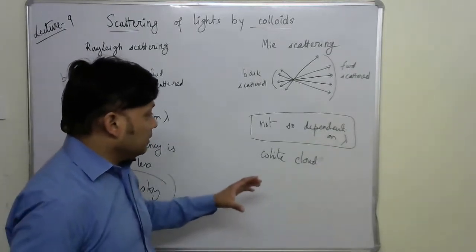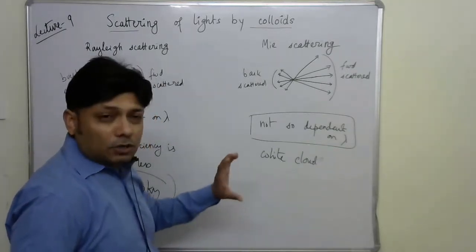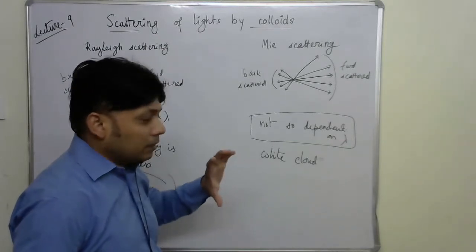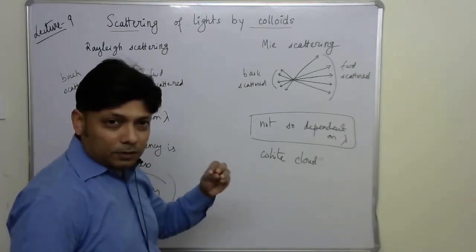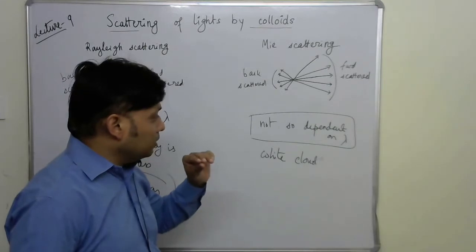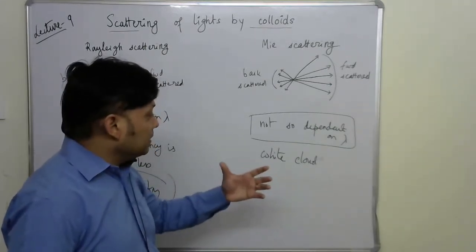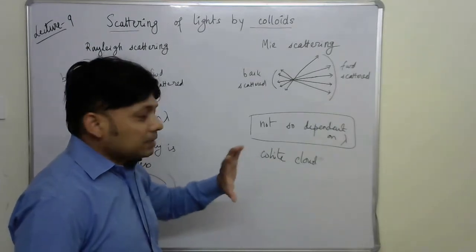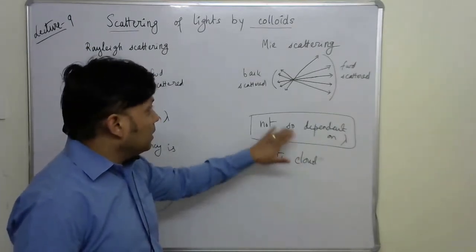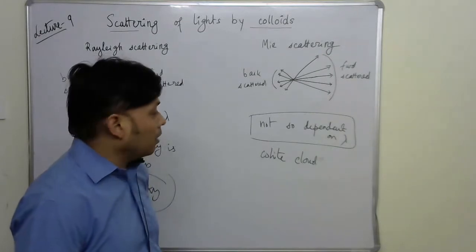And the white nature of milk, the colloidal suspension of emulsion particles in milk, is somewhat believed to be due to Mie scattering of white light.